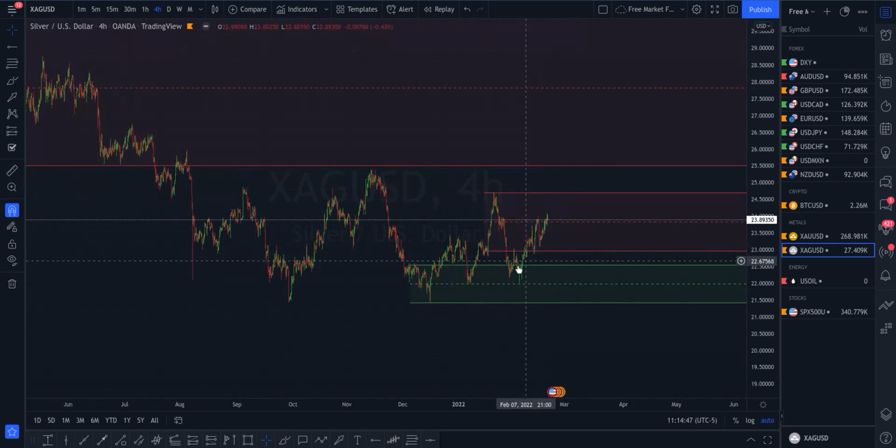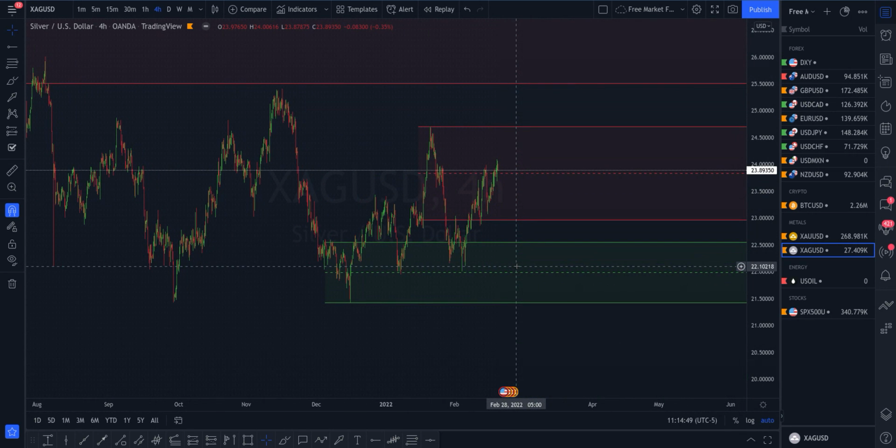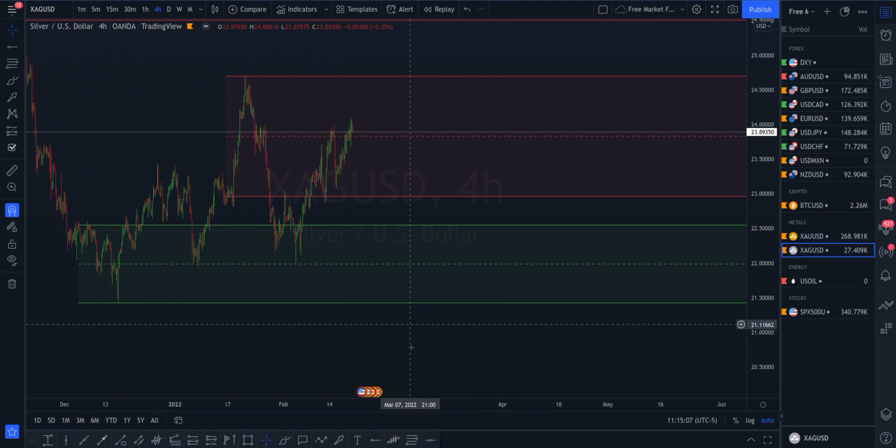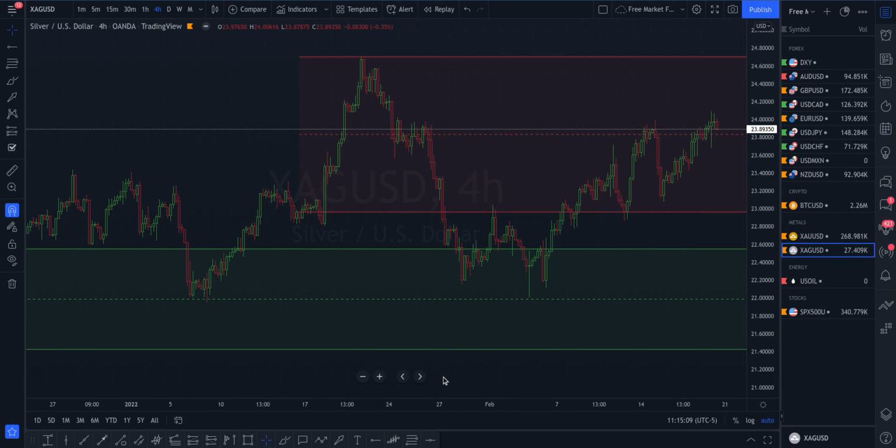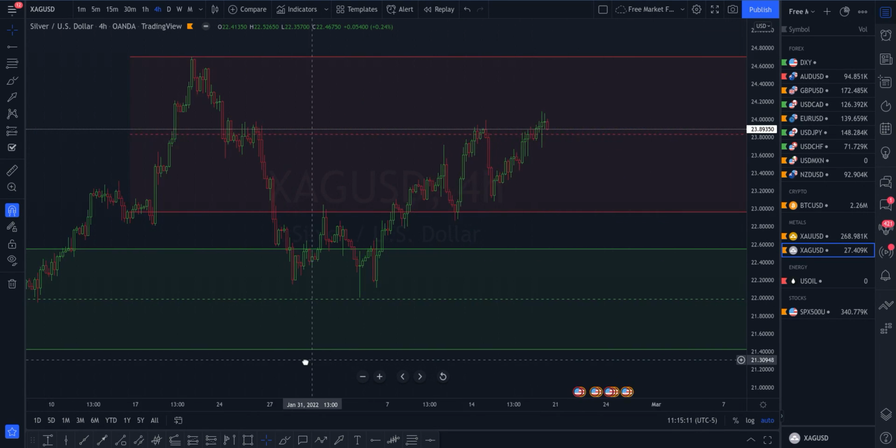Taking a look at most recent structure: low, higher low, higher low, higher low, higher low. This high was taken out. So probably we'll be looking for buys as well on silver.